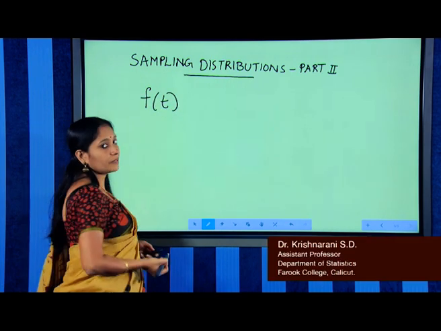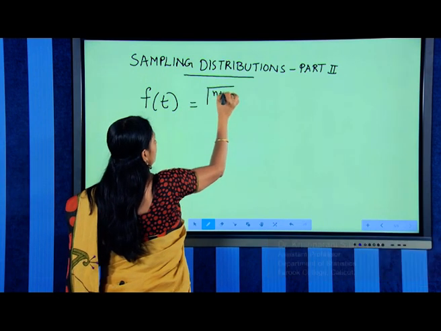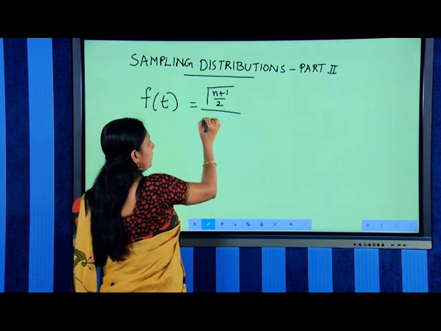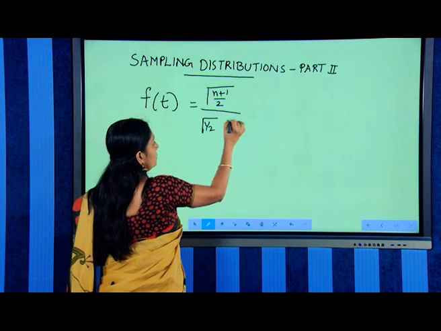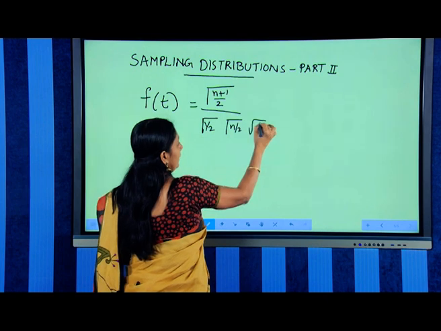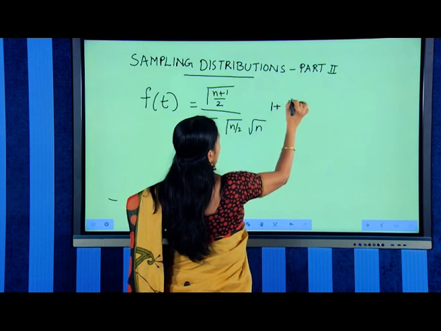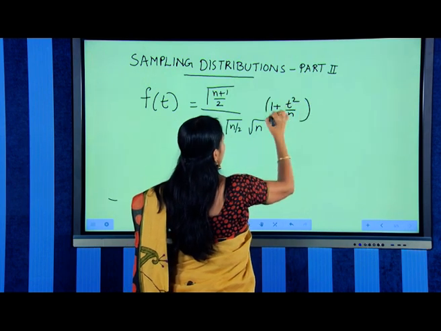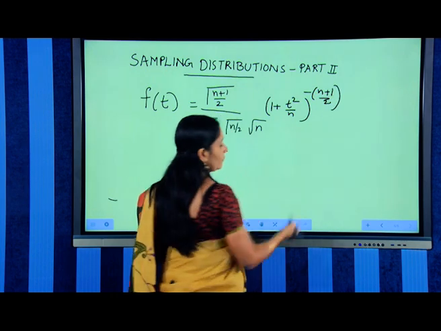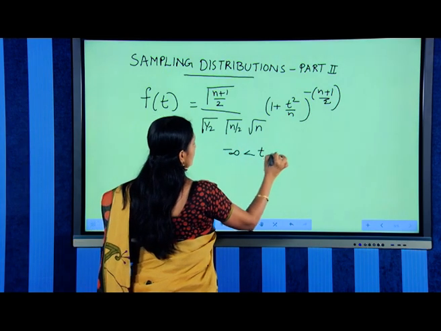f(t) is equal to gamma of (n+1)/2 divided by gamma of 1/2 into gamma of n/2, root n, into (1 + t²/n) raised to minus (n+1)/2, where t is from minus infinity to infinity.